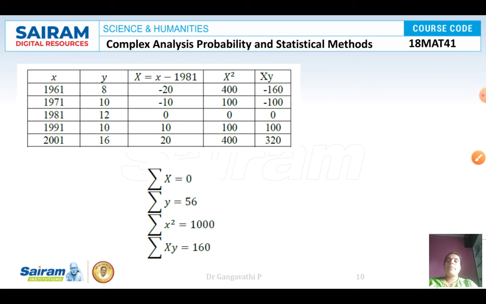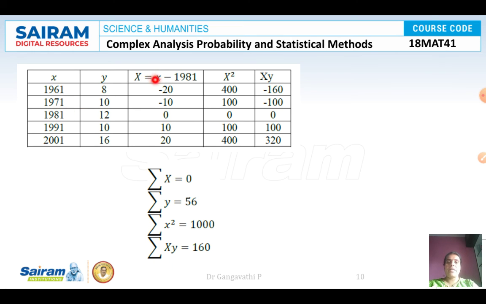Construct the table now. The values of x are 1961, 1971, 1981, 1991 and 2001, which are the given values. For simplification, we have taken capital X as x minus 1981, the middle value. So for 1961, X is minus 20.